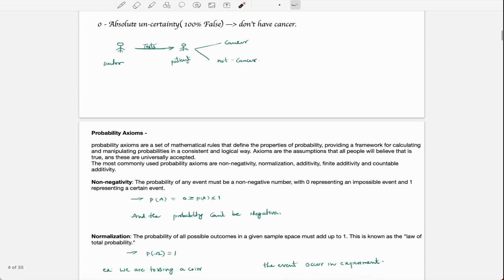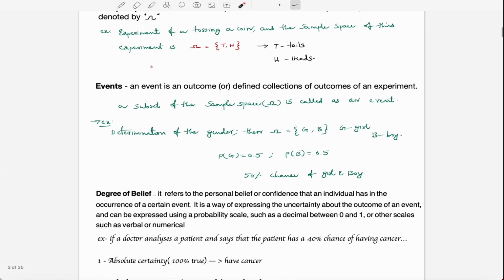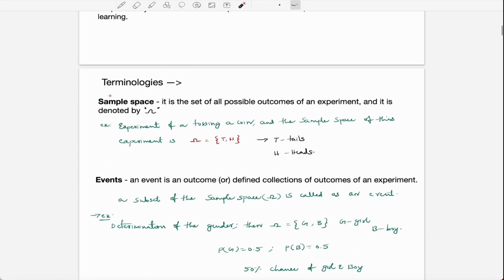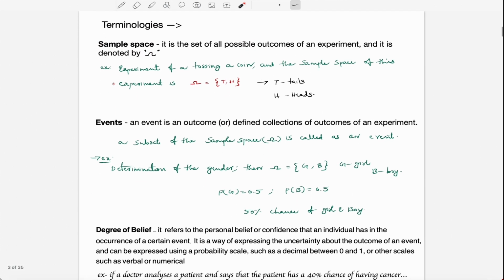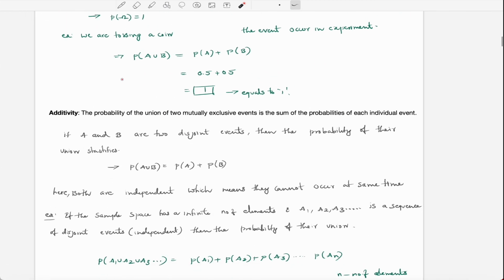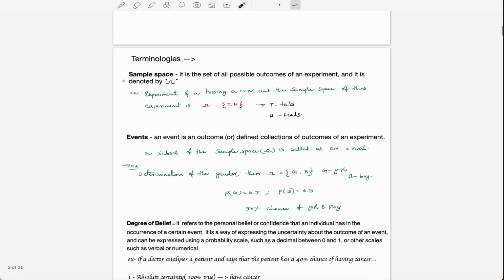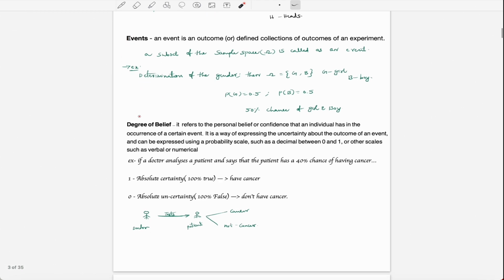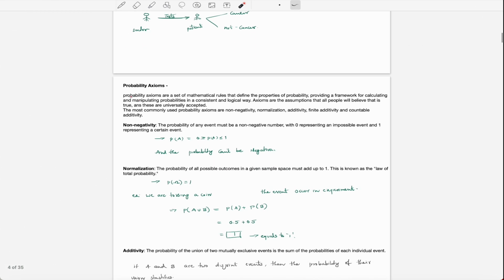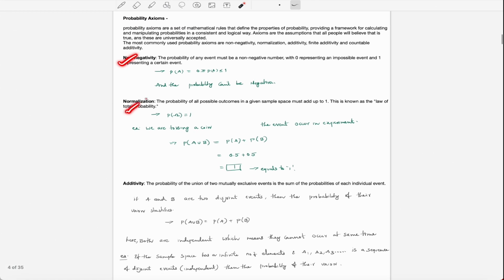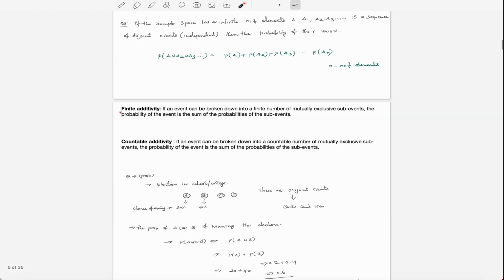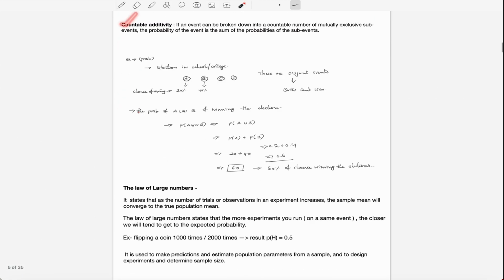So until now we discussed some of the terminologies: the sample space, the events, the degree of belief, and the probability axioms, which are non-negativity, normalization, and additivity, with finite and countable additivity.